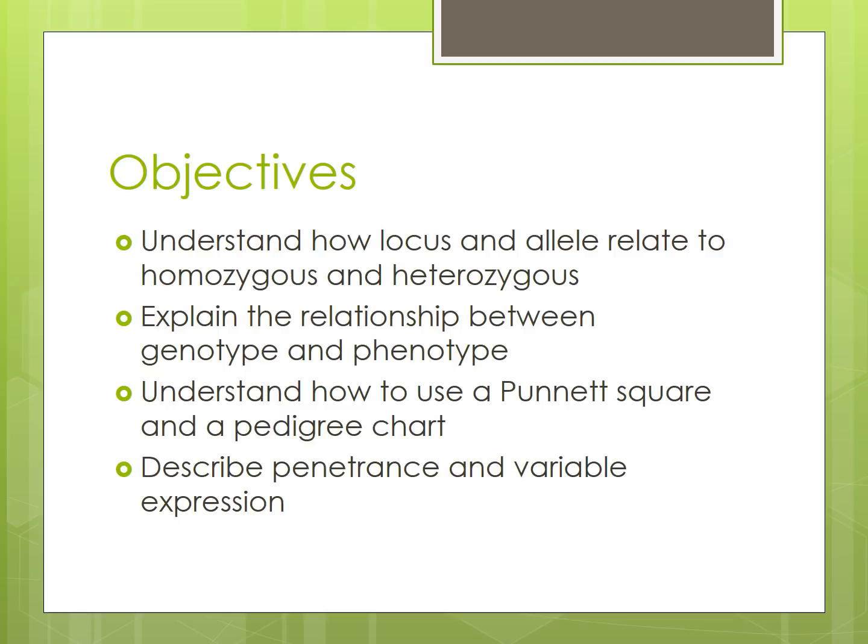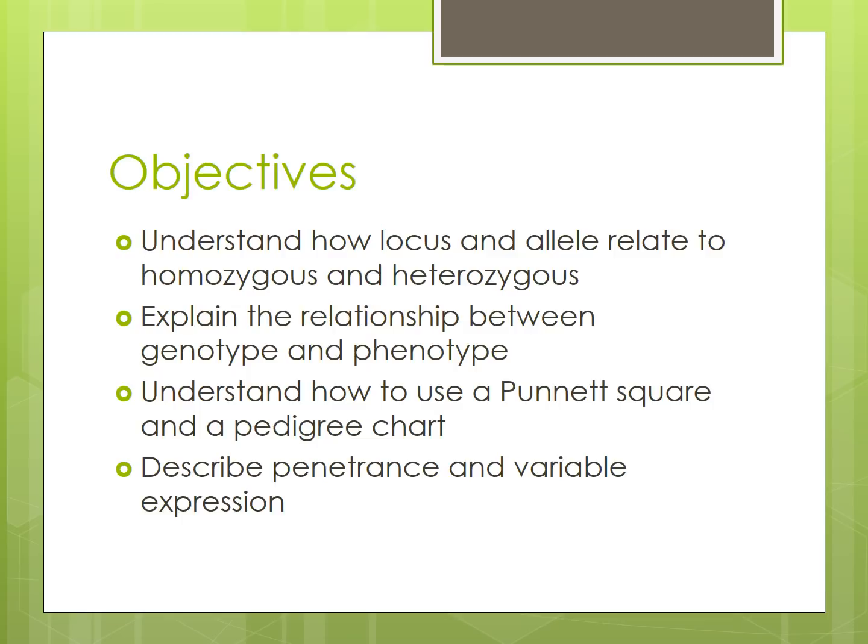So I just want to quickly rehash our objectives, as I like to do. We talked about how locus and alleles, the different spots or different variations, relate to homozygous, where they have the same allele, or heterozygous, where they have different alleles. We talked about genotype, the actual DNA sequence, and how that can relate to a phenotype or an observable trait.